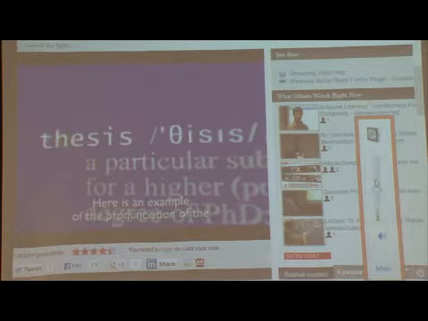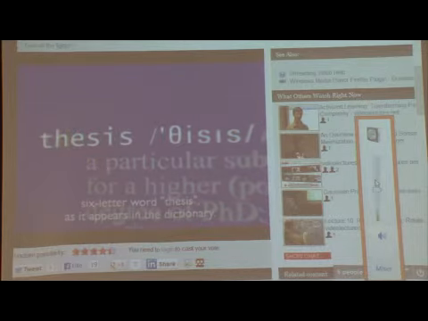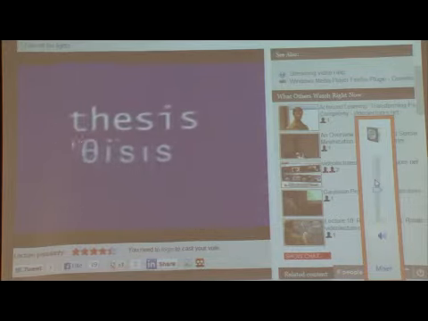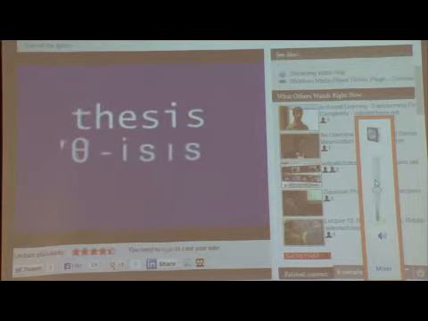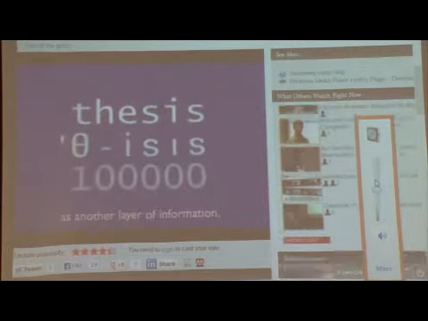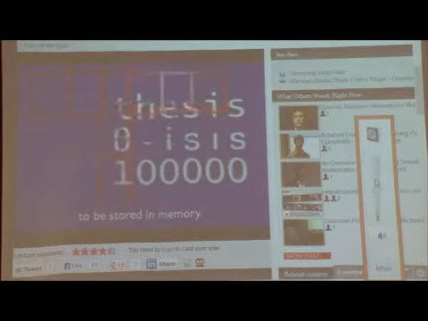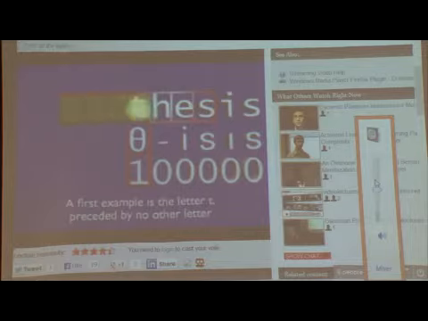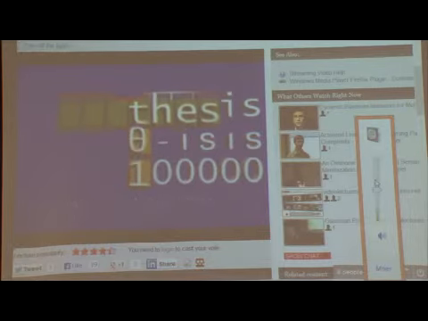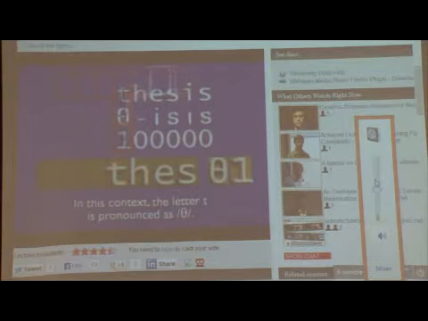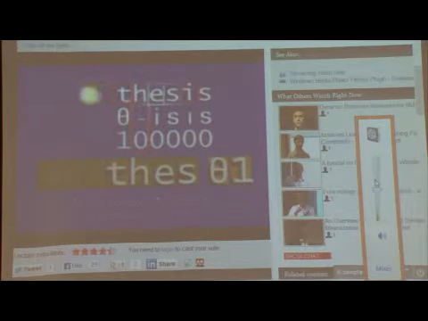Here is an example of the pronunciation of the 6-letter word faces as it appears in the dictionary. First, we align the 6 letters to the 5 phonemes. This can be done automatically. We then encode the word stress as another layer of information. We can now create examples to be stored in memory. A first example is the letter T, preceded by no other letter and followed by the letters H, E, and S. In this context, the letter T is pronounced as the.